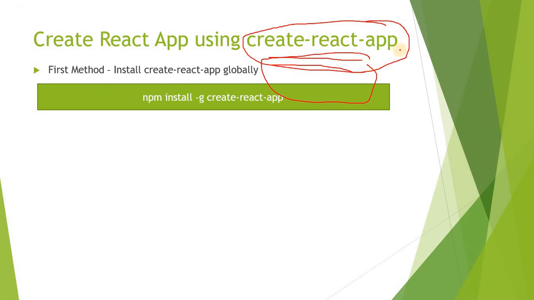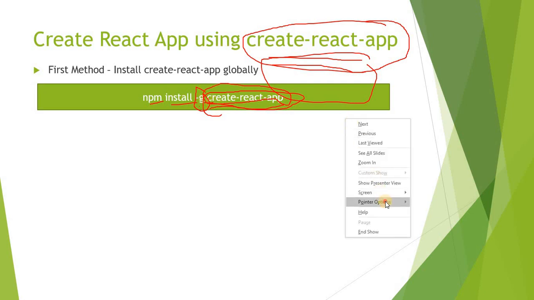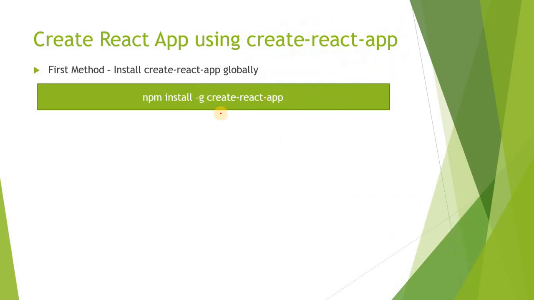If you want to use create-react-app, first you have to install it using npm install -g create-react-app. Using -g means npm installs the create React app template globally under the users directory. It means this is the first time you have to install this template.